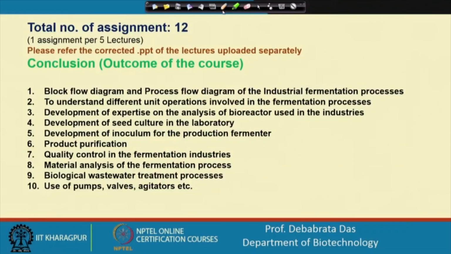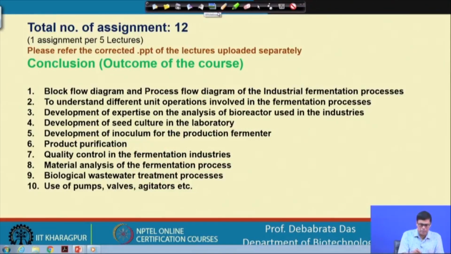Now, in this particular course, the total number of assignments is 12, and 1 assignment per 5 lectures. This is common to all NPTEL courses. Now, here I want to point out the main outcomes of the course. First, you should have some kind of information on block flow diagram and process flow diagram of industrial fermentation process. Then to understand the different unit operations involved in the fermentation processes.